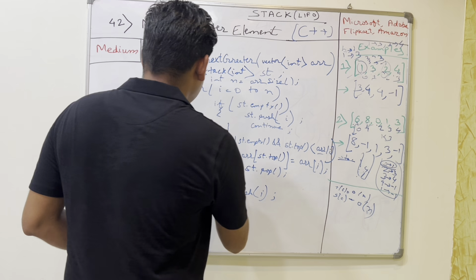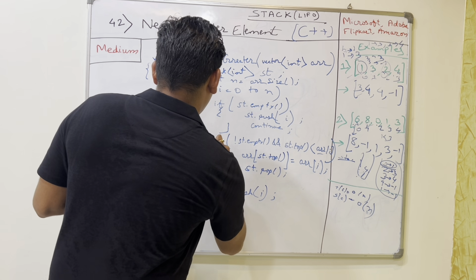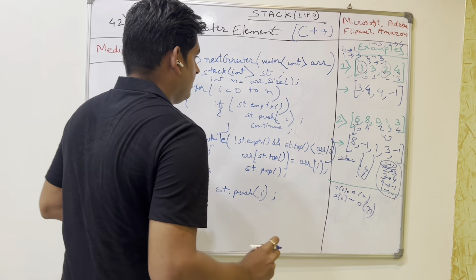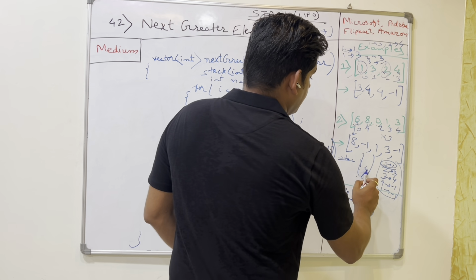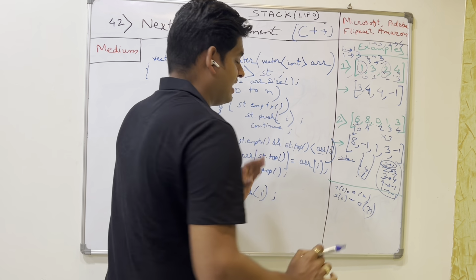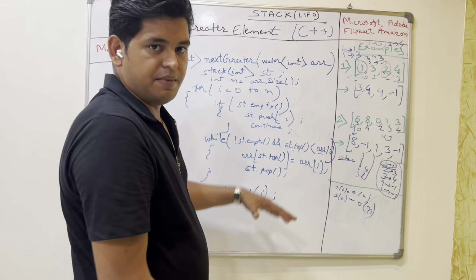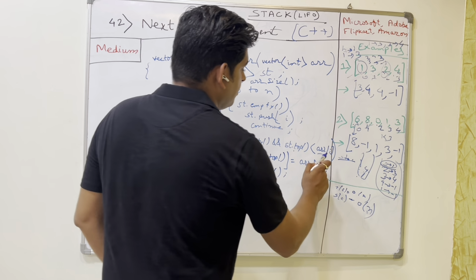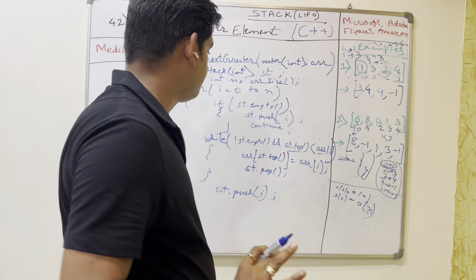So instead of else if, we will be doing while, and keep on assigning the elements while the stack.top is lesser than the current element. For all those elements that are there in the stack, this will be the next greater element, till this condition is satisfied and till the stack is not empty.